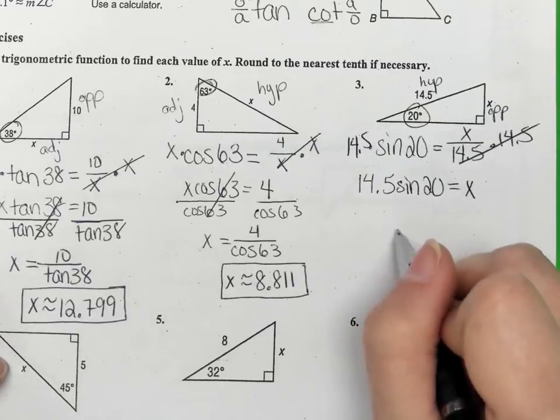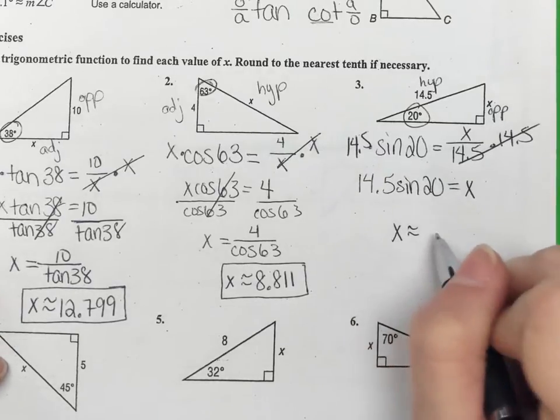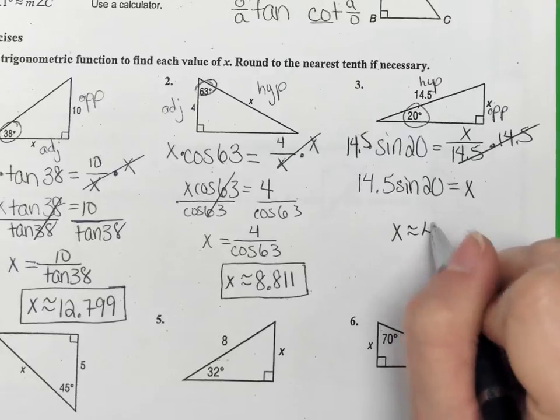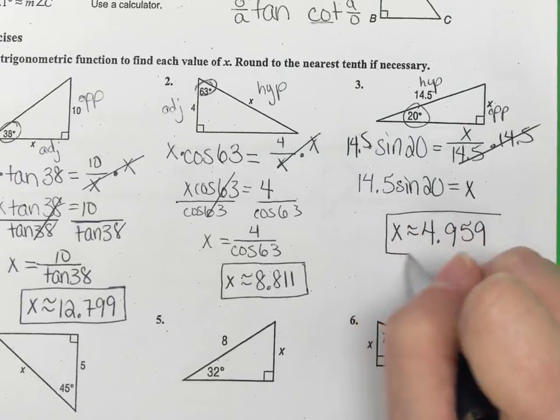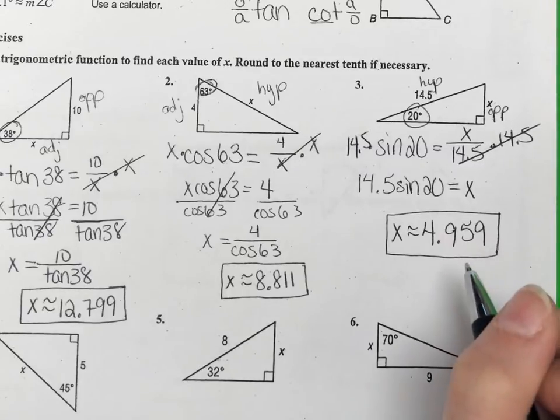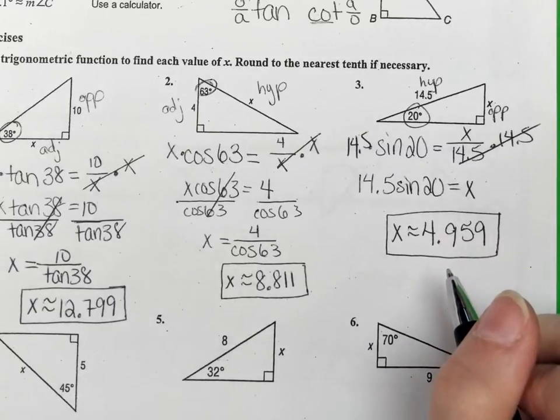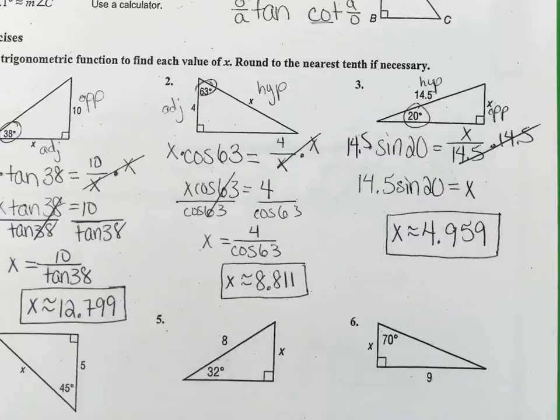How much? 4.959 is what I got. You're just typing it in. 14.5 sine of 20. Got to make sure it's in degree mode, though. Try it again. Make sure you get the same answer. Y'all okay? Okay. All right.